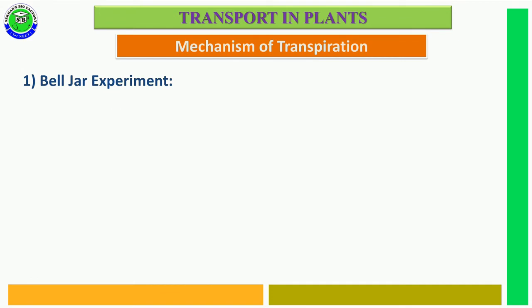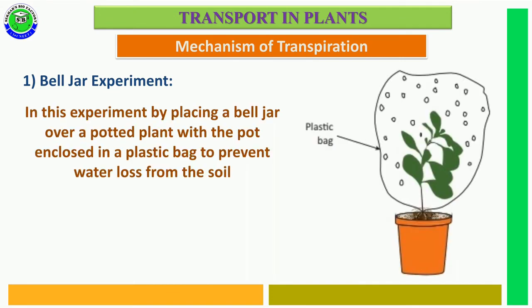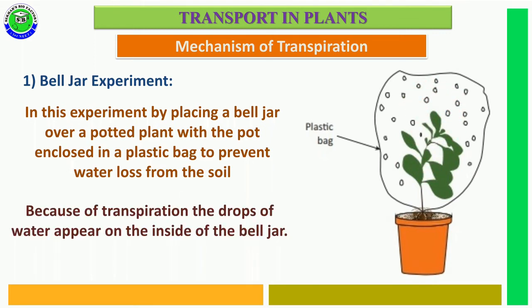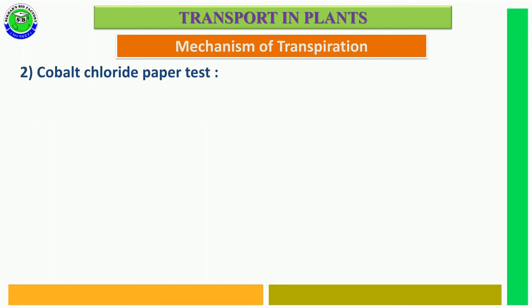In the bell jar experiment, a bell jar is placed over a potted plant, with the pot enclosed in a plastic bag to prevent water loss from soil, and after a few minutes we can observe drops of water appearing inside the bell jar or polythene cover that indicates transpiration.